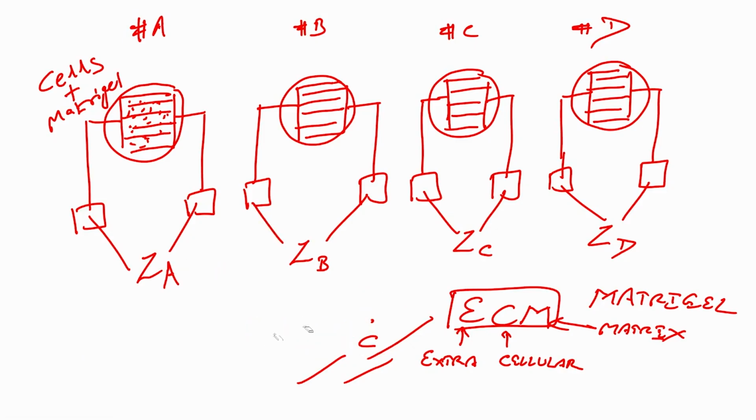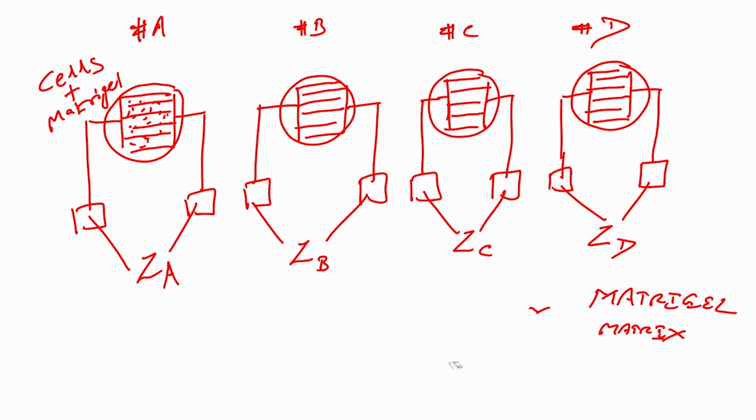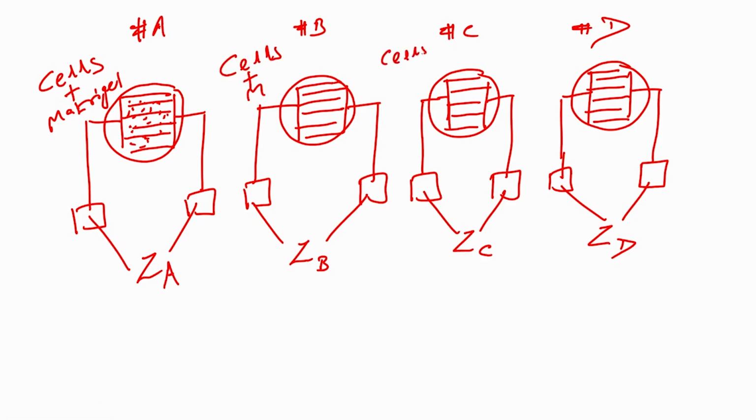All right. So, now if I load these cells with matrigel, here also I load cells plus matrigel, here also cells plus matrigel, and in the fourth chip also I load cells plus matrigel.